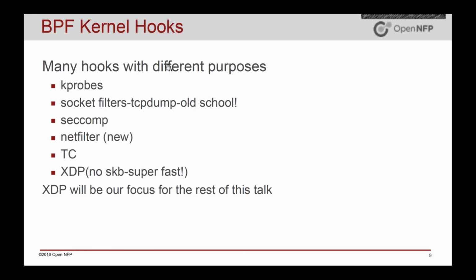Now the next question is, we have this entity which is the BPF program. Where does it go? What does it do? We've created this blob, but we need to hook it in somewhere, otherwise it's useless.